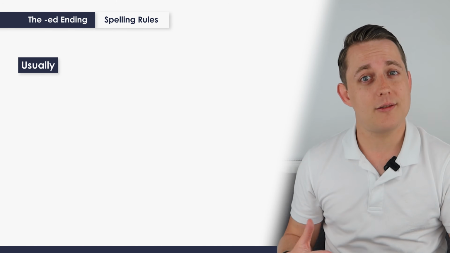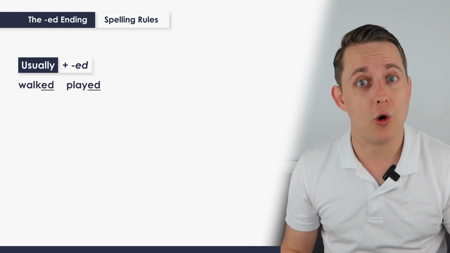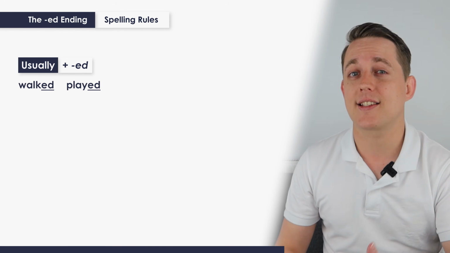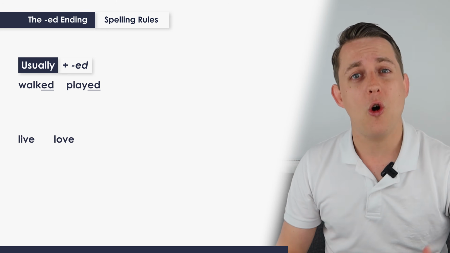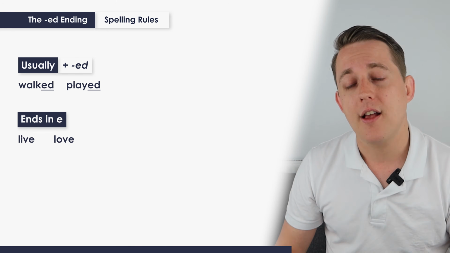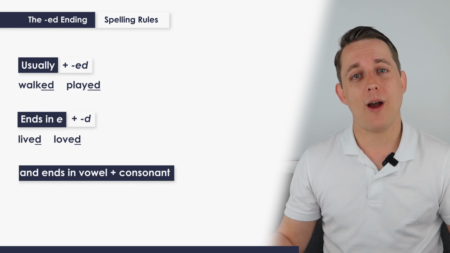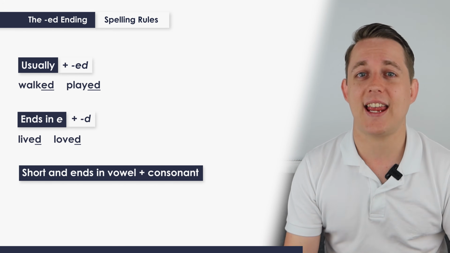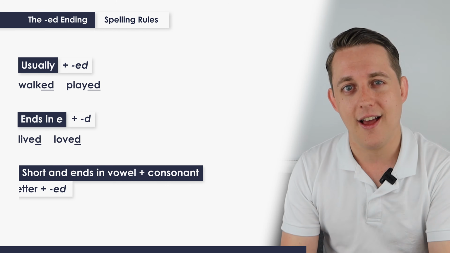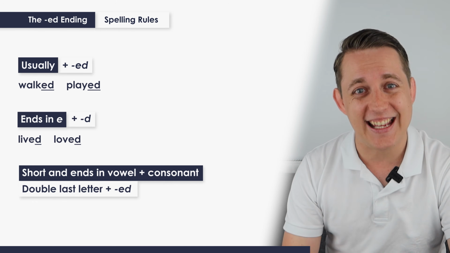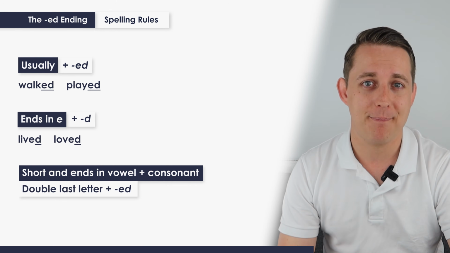For most verbs, we just add ed, like in walked and played. But some verbs, like live and love, already have e. So we just add d. Lived, loved. If you have a short verb that ends in a vowel and a consonant, you need to add that consonant again and add ed.